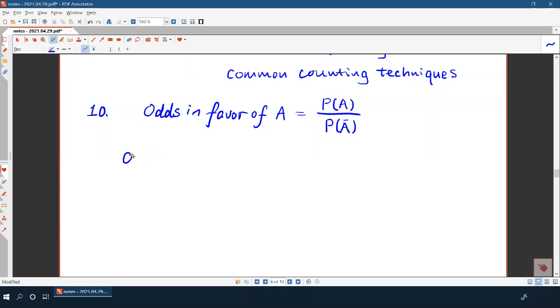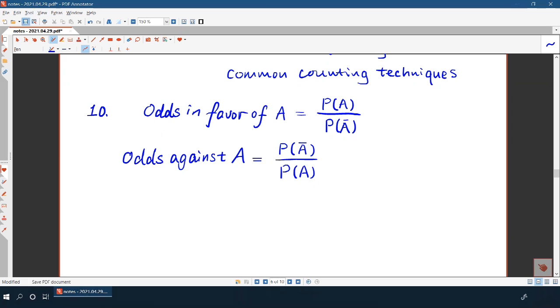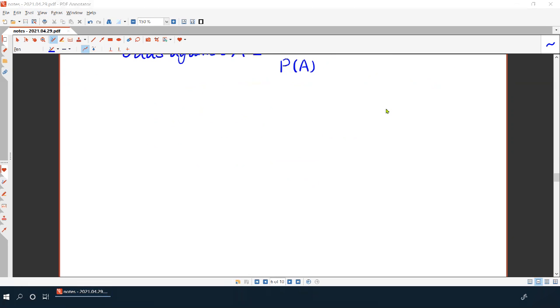And the odds against A is defined as the probability of A complement over the probability of A. Just remember these two definitions. Any questions? No? Okay, let's see the next one.